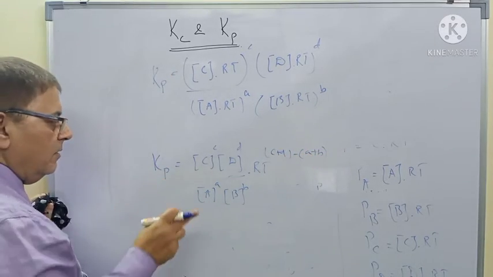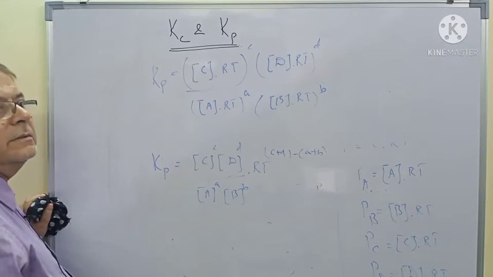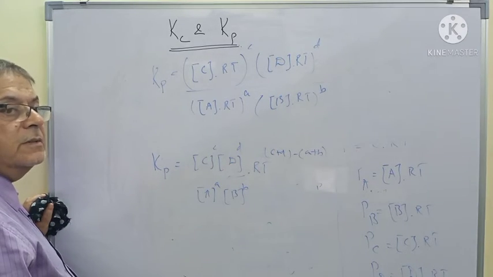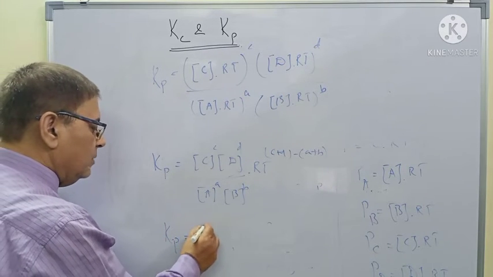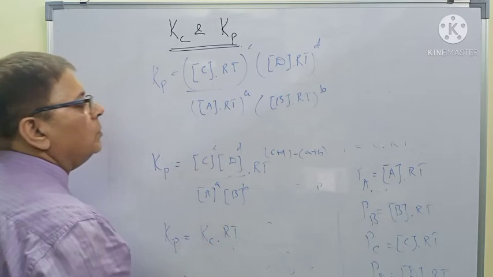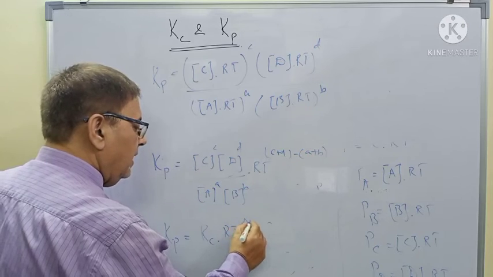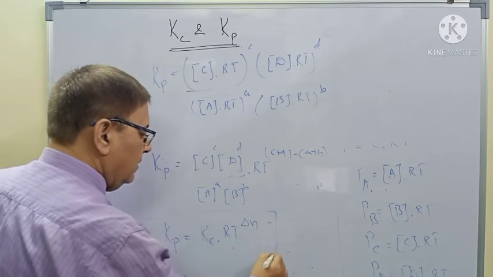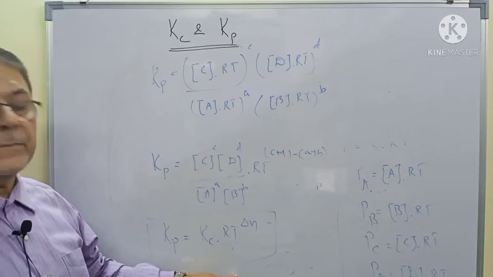Now, just now we have derived this part is Kc, equilibrium constant in terms of concentration. So we get Kp is equal to Kc into RT raised to (c plus d minus a plus b), delta n. This is the relationship between Kp and Kc.